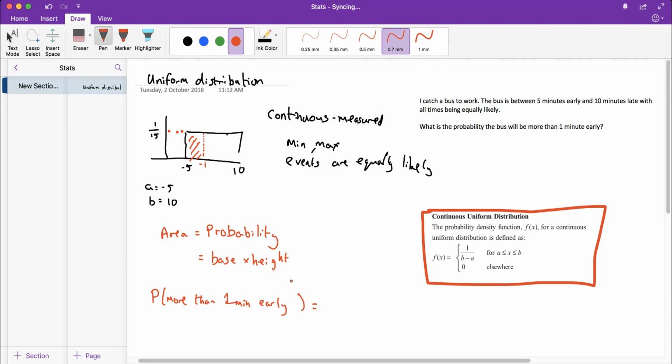My base is the distance from -5 to -1, which in my case is 4, and my height is 1/15. So my probability of being more than 1 minute early is 4/15. And that's all you have to do.